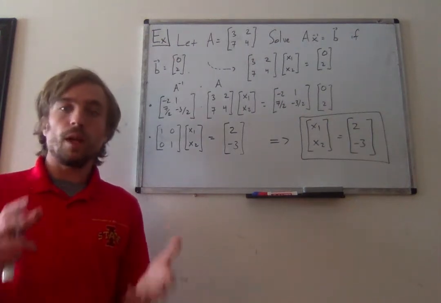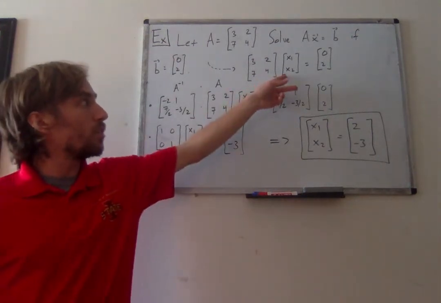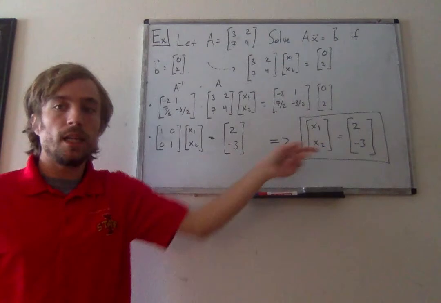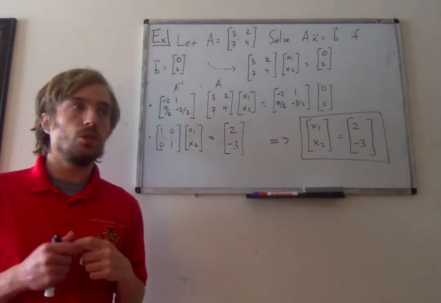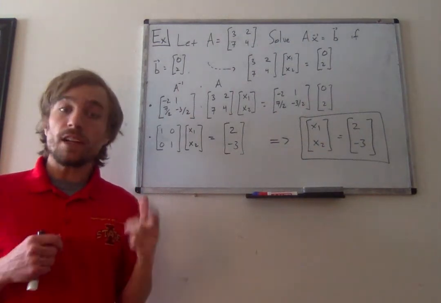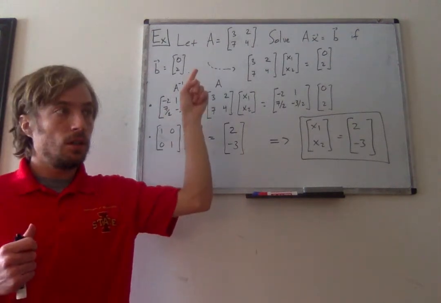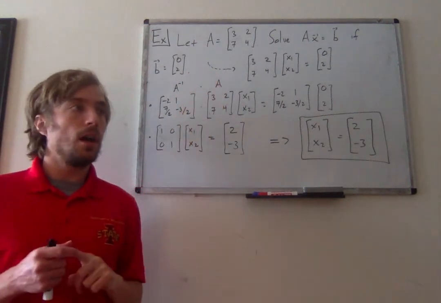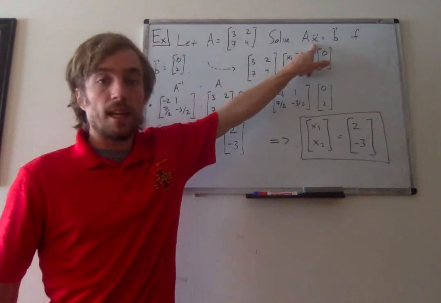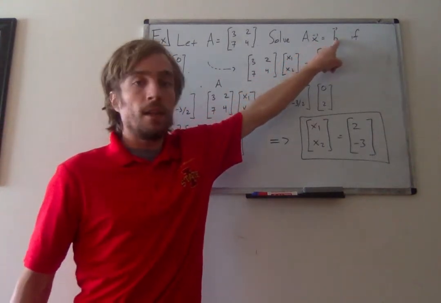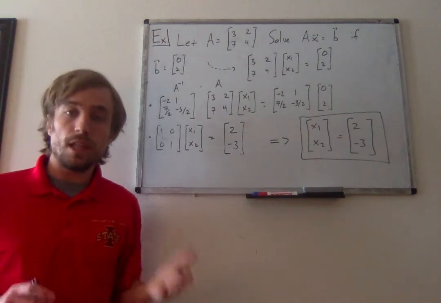And because of the way we did it, where any solution vector has to have this property, it also gives a unique solution. So what we also just showed is that if A is an invertible matrix, then this always has a solution for every B, and that solution is unique.